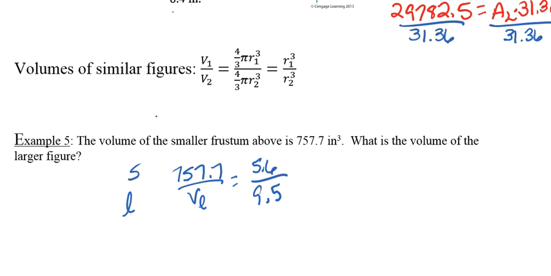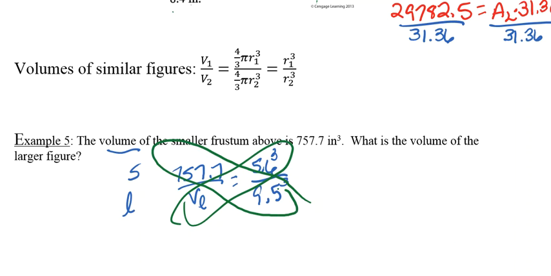Now we can't forget, because we're dealing with volume, we're going to cube these numbers. Go ahead and cross multiply. So 757.7 times 9.5 cubed is volume, not area. Volume of the large one times 5.6 cubed. So I'm just plugging into my calculator.